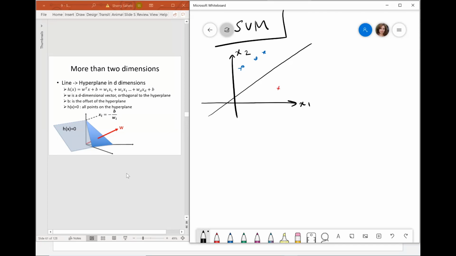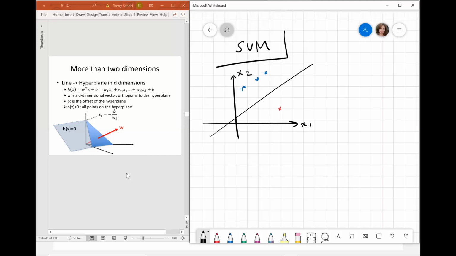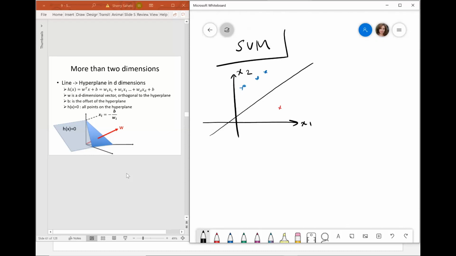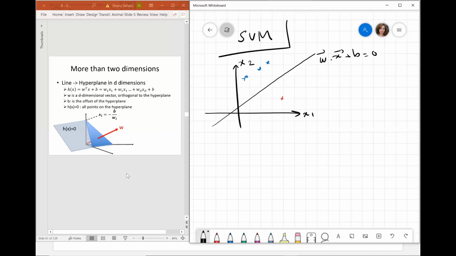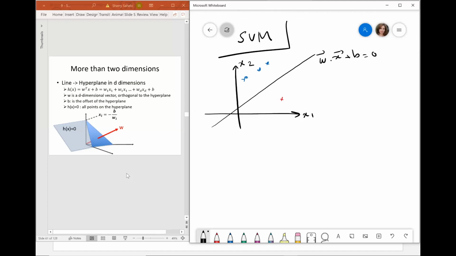And we have learned that we can write the equation for this line as w x plus b is equal to 0. So any data point that is on the line follows this equation, and any data point that is not on this line, either on the red side or on the blue side, follows another kind of equation.